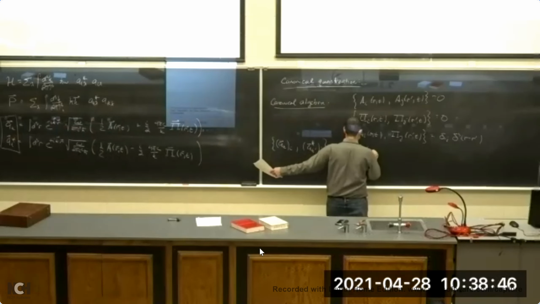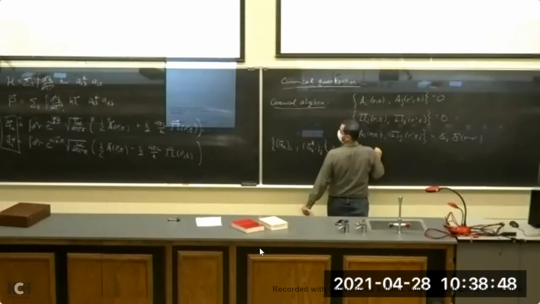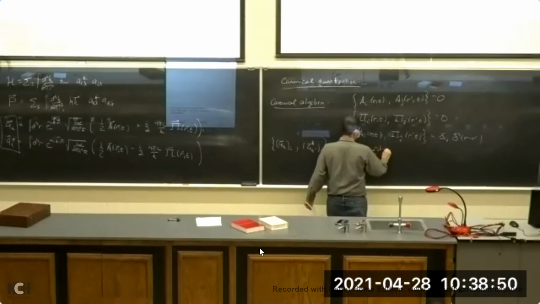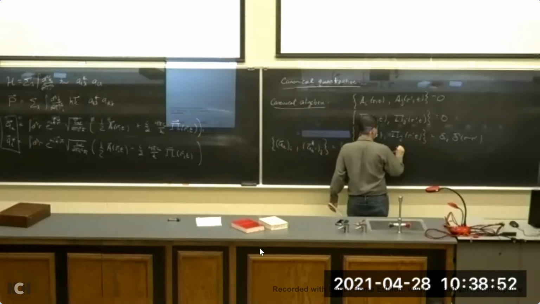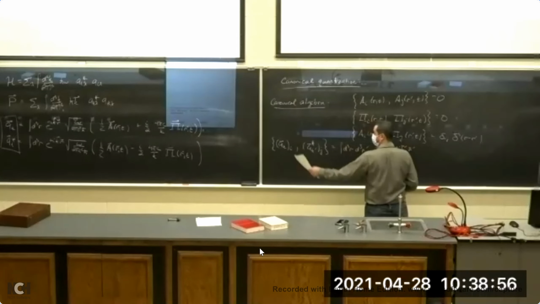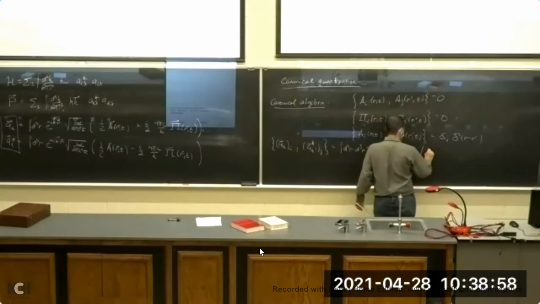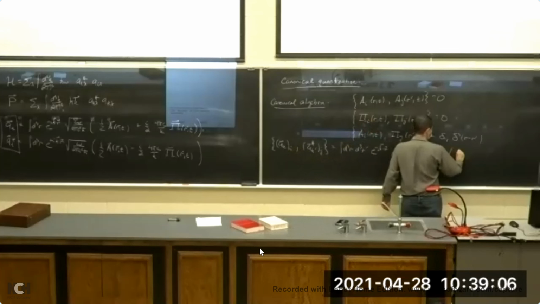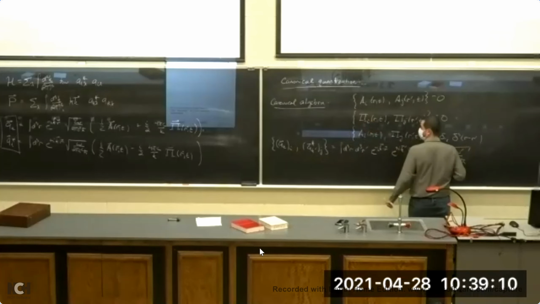I've got the Fourier factors: e to the minus i k dot r, e to the plus i k prime dot r prime. I have the overall factors: square root of omega over 2 pi c squared h bar, and another omega prime over 2 pi c squared h bar.